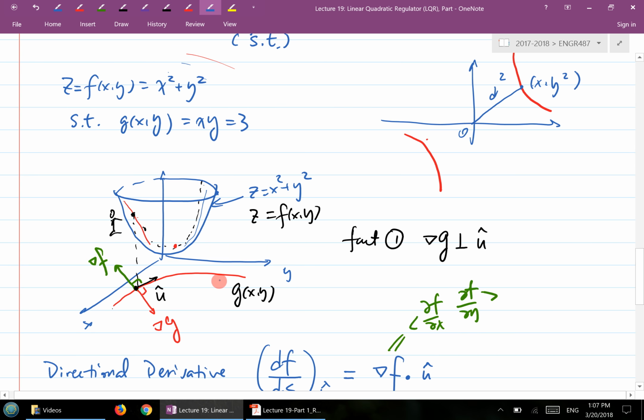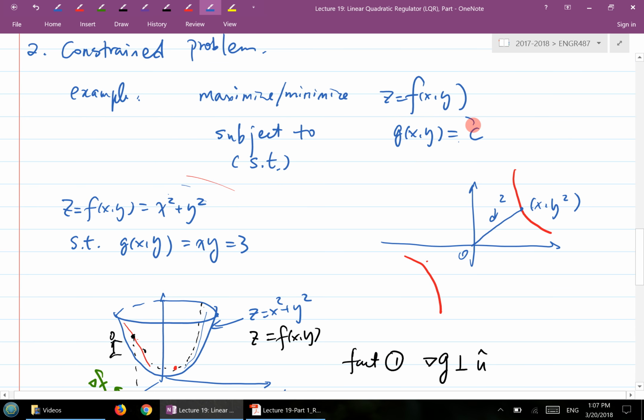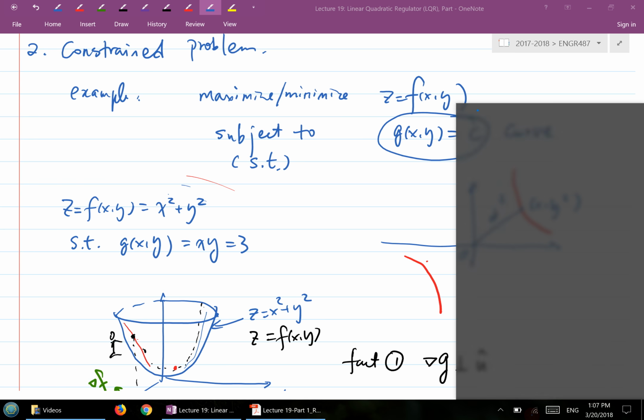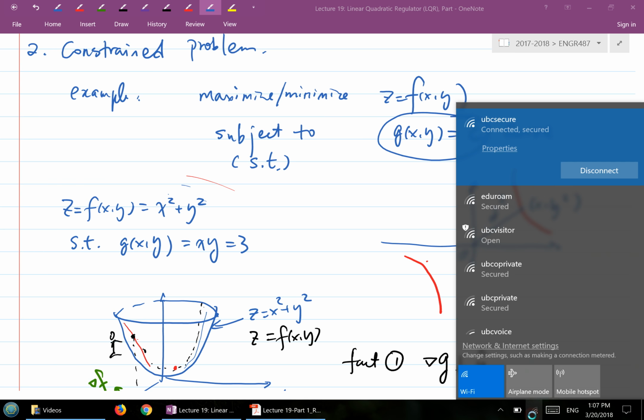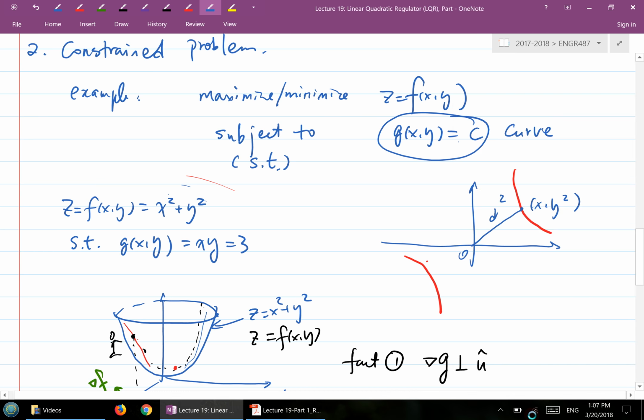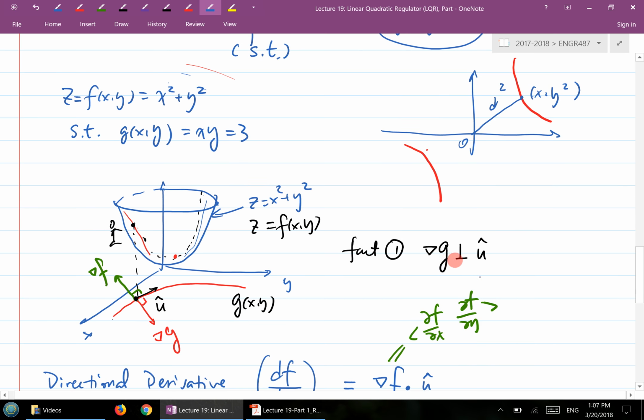So this is a curve in 2D, and the constraint basically means your xy value cannot be anywhere except on this curve. But del g is perpendicular, so this is a g of xy curve. The gradient of this function will be perpendicular to its tangent vector u hat.